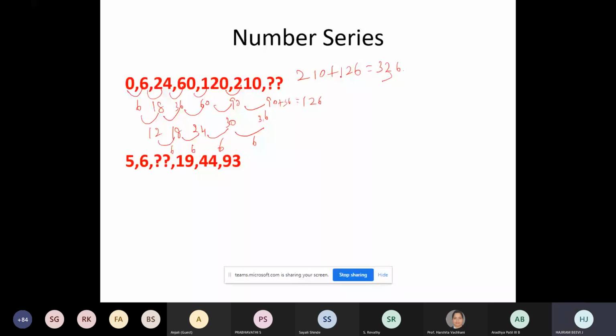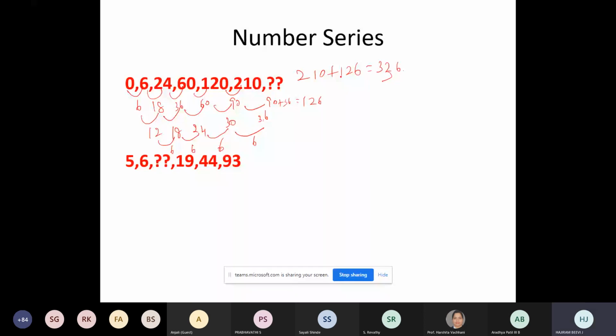Then the next one: 5, 6, 19, 44, then 93. So here the values increase without any pattern. So we are trying to find whether any square values are involved or not.